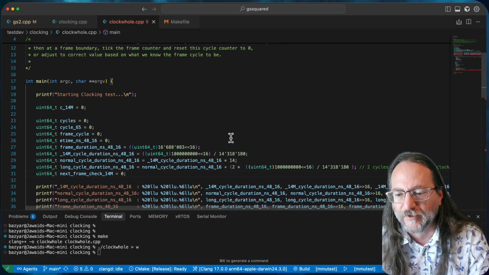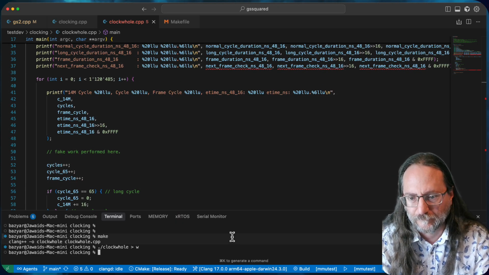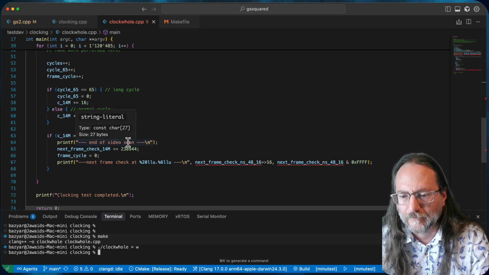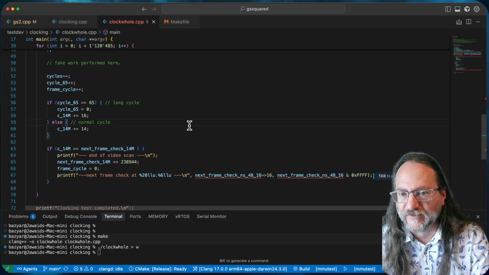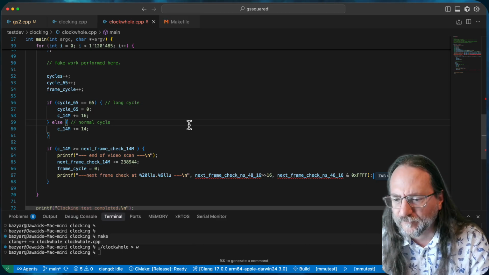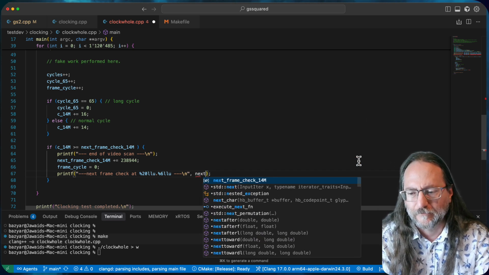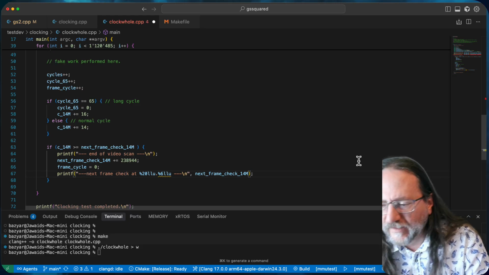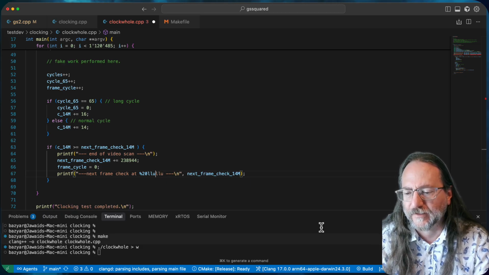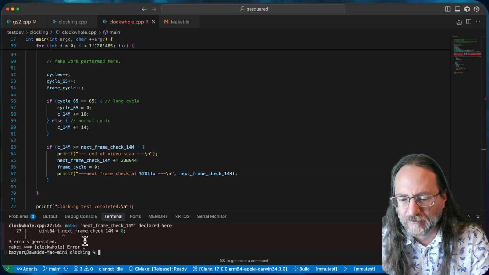No, that starts at 0. And this needs to be my variable then. All right, so what I'm doing now is I'm keeping a sliding window with the end of the next frame. I don't need that. Okay. Unit 64, next frame check.